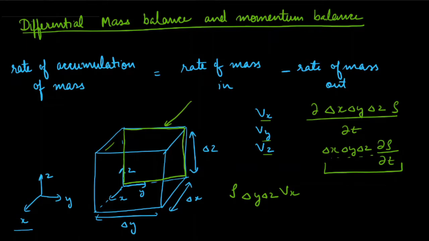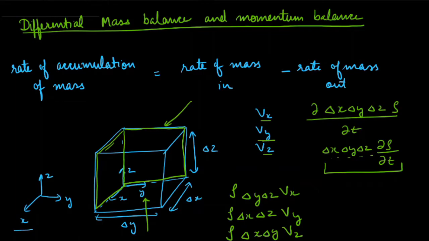The mass flow in can also be from velocity Vy, coming in from this particular surface area. That mass flow in will be delta x delta z multiplied by Vy multiplied by rho, and then we will have the rate of mass flow in from surface delta x delta y in this direction. So the area is delta x delta y, the velocity is in the z direction, this is the volume flow in. The total rate of mass in will be multiplied by density.